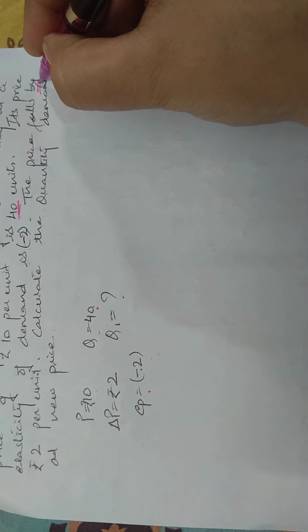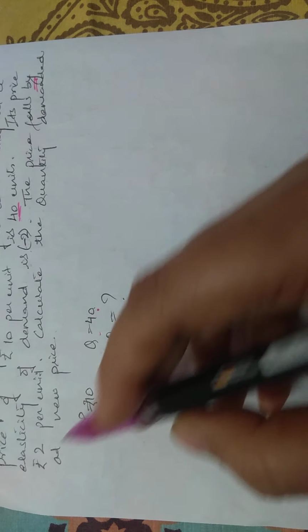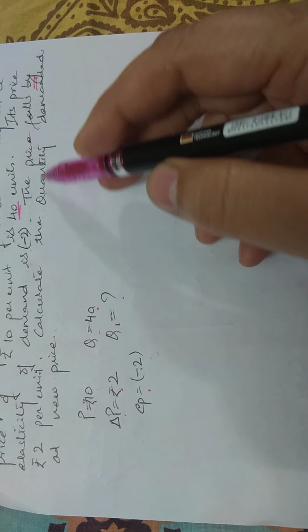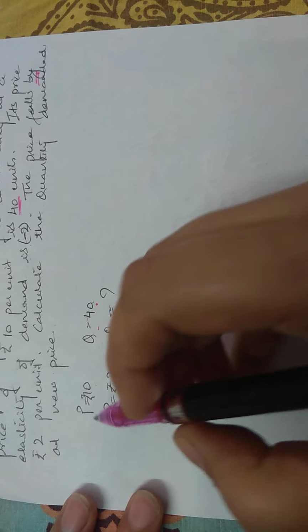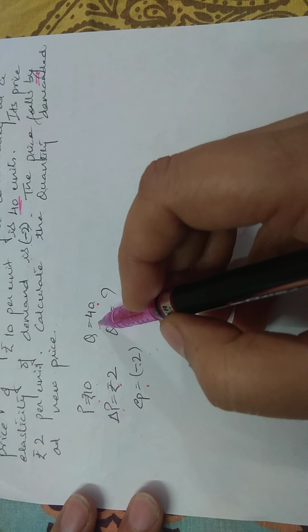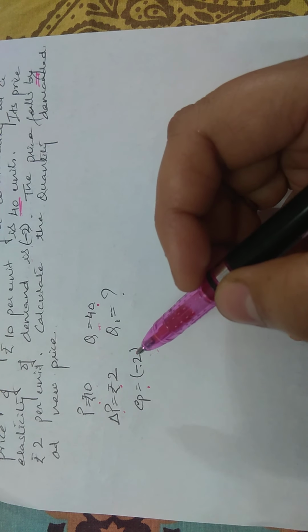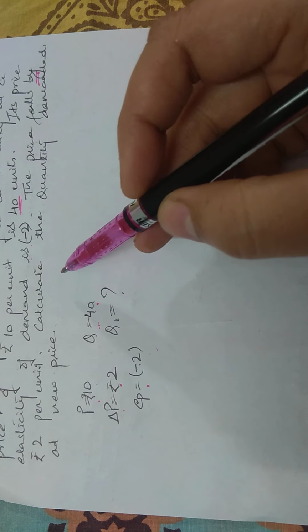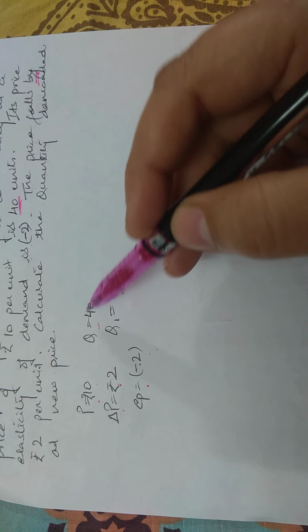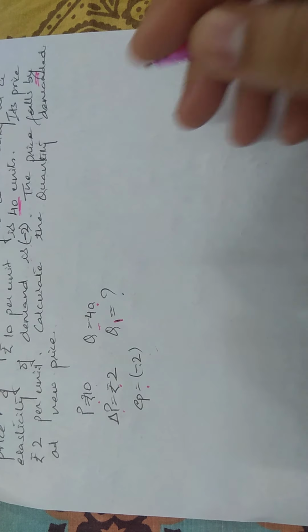Again, falls by means this is delta P. Delta P is rupees 2. Calculate the quantity demanded at the new price. Now we have the initial price, the initial quantity, the change in price, and the elasticity of demand. We have to calculate the quantity demanded at the new price. That means the final quantity Q1 is to be found out.